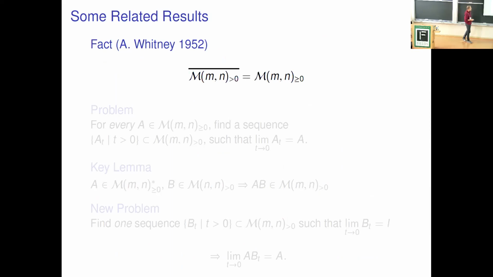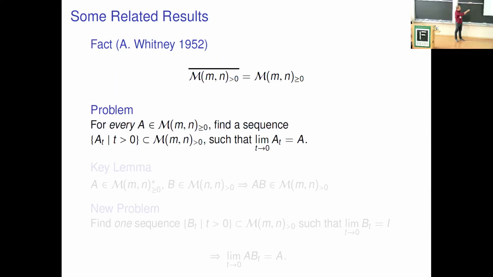The first one dates back to the 1950s. It's due to Anne Whitney, and she proved this equality for the set of arbitrary matrices. Again, the same problem as before: given a non-negative matrix, how can you find a sequence of positive matrices whose limit is that given one? It turns out in this case, there's a very nice key lemma, which she proved, that says the following.